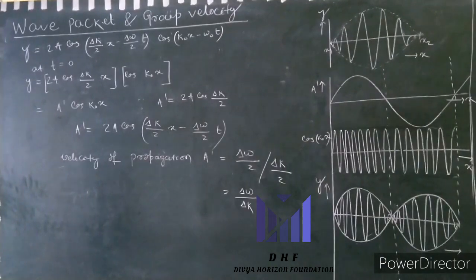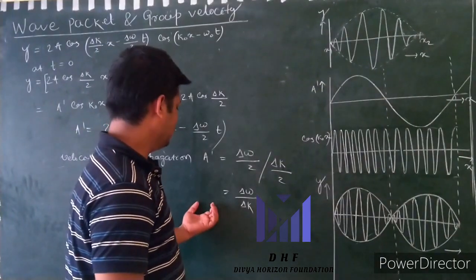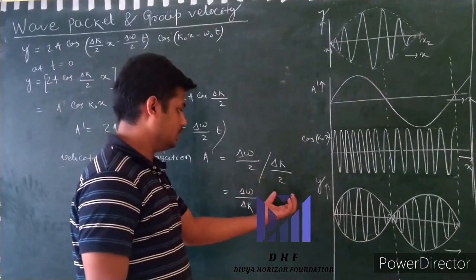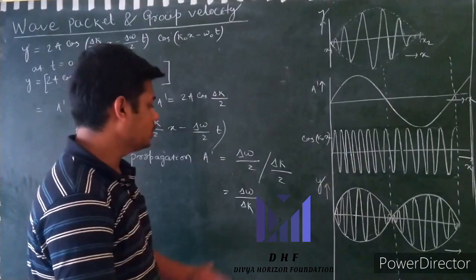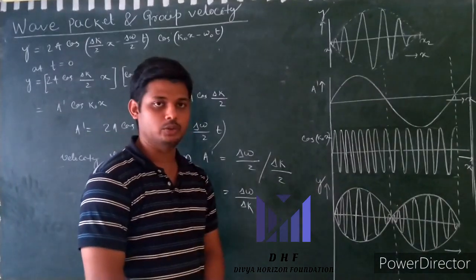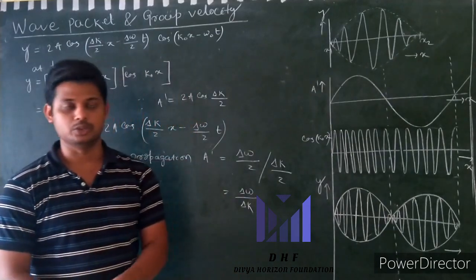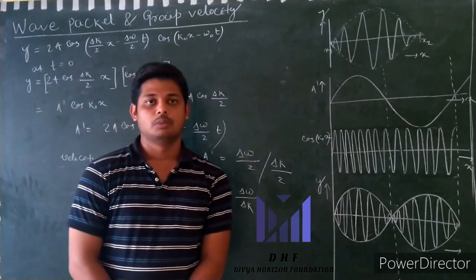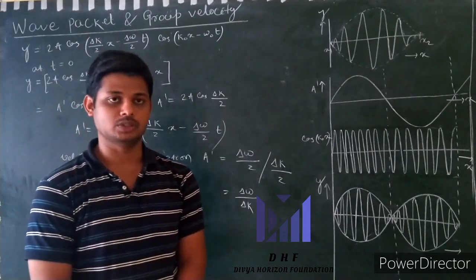So as I said, in our daily life, the wave packet is made up of numerous monochromatic waves, and their k and omega vary continuously. For a definite omega, there is a definite k, and vice versa.